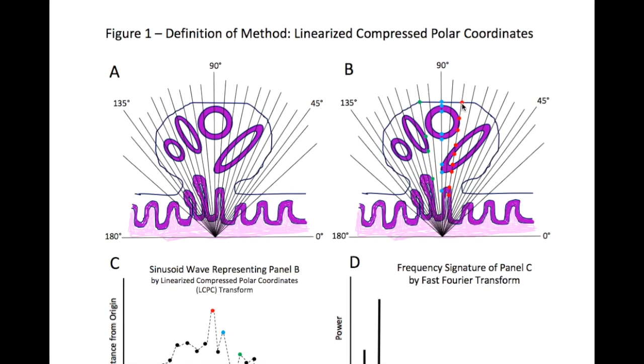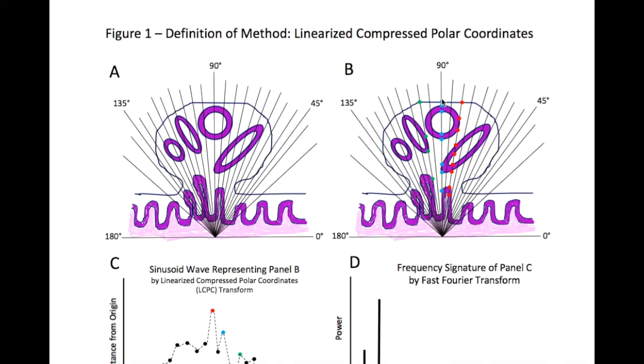So for every radial line, I make note of the intersections, and each intersection has a distance from the origin. For example, this red dot is close to the origin, while this red dot is furthest from the origin, and each of these distances is quantifiable. And so what I do next is I sum all of these distances for all the red dots into one number.